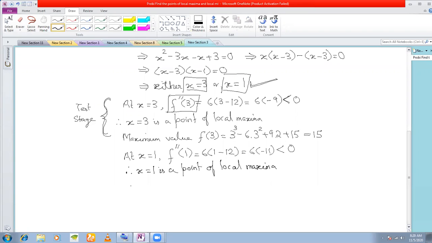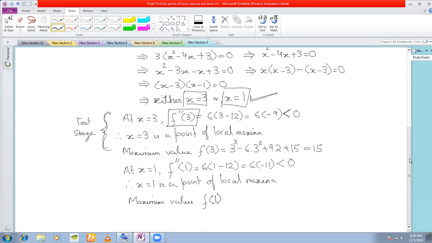And what is the maximum value? When you are finding the maximum value, then f(1).